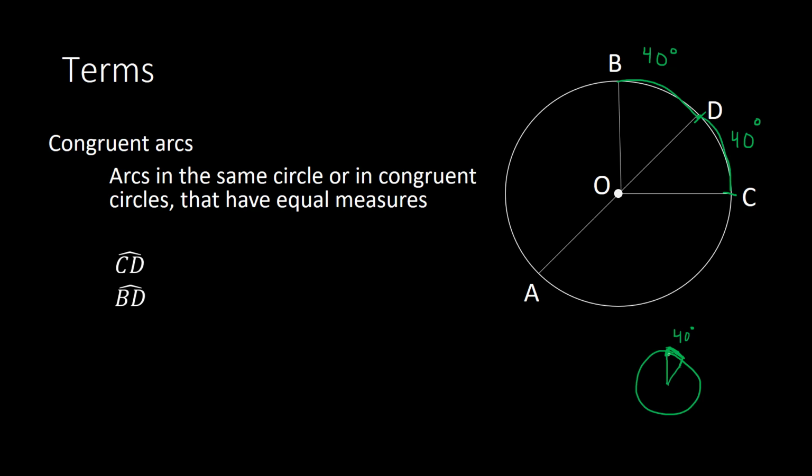Even though, yes, they have the same measure, they're not the same size. Because if I were to actually get a tape measure and measure from this point to this point on the outside of the circle, that would be a much smaller distance than from point B to point D on this circle. So it is important to make sure that we are in the same circle or in congruent circles.